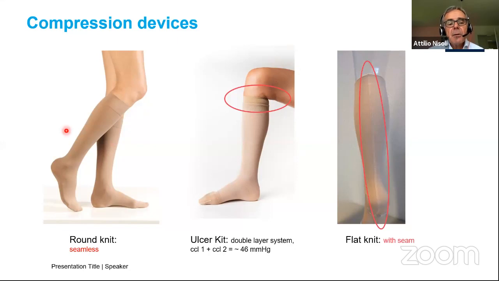I said the round knit is soft, is very comfortable. The flat knit, still comfortable because the seam is flat. It's not sticking out like the little finger. It's a flat seam. But the difference is that the fabric of a flat knit garment is stiffer than the round knit.